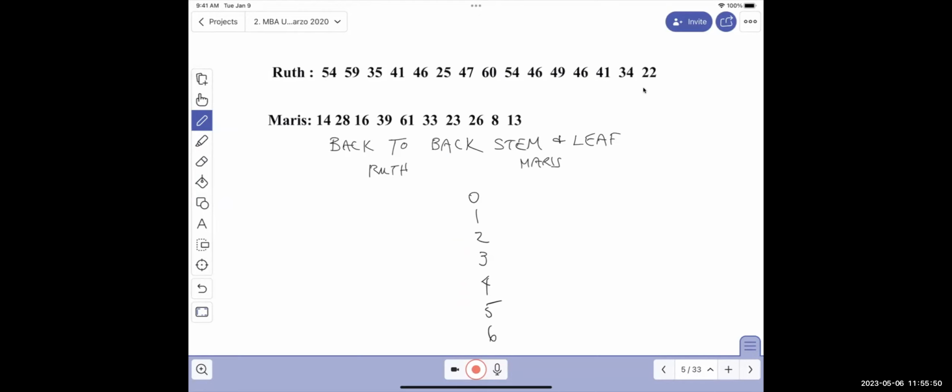For Maris, the data is not in order, so you have to do that extra step of putting the data in order. Step 1 is to rank, to order the observations. Once you put them in order, I'm going to do this the fast way and just read off of here.